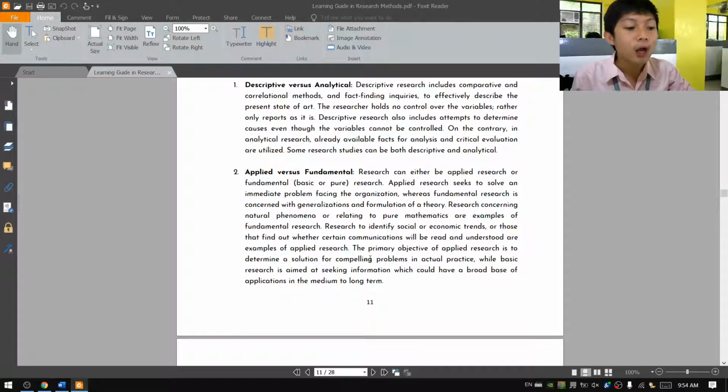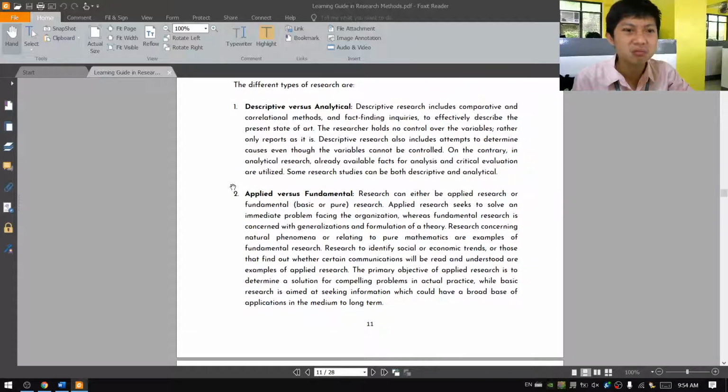Compelling problem means it exists. While basic research is aimed at seeking information which would have a broad base of applications. It's more like a basic or descriptive type, because you are experimenting to get information about something.